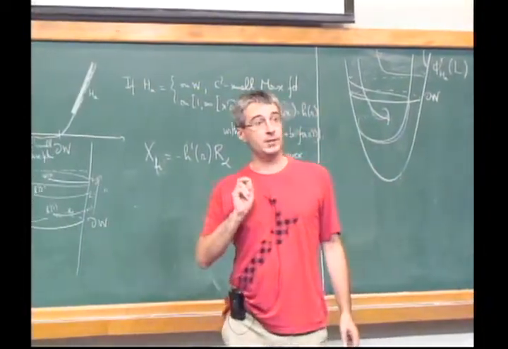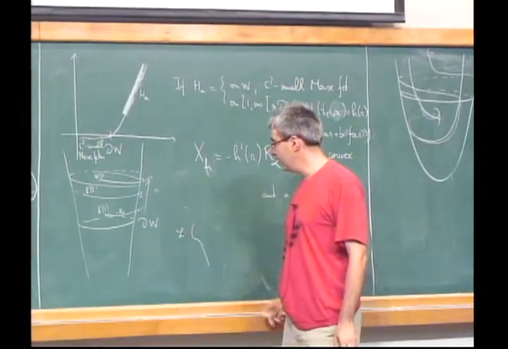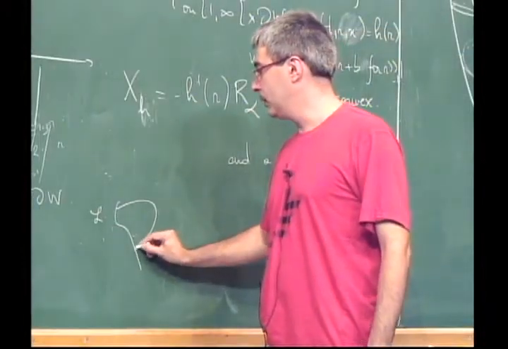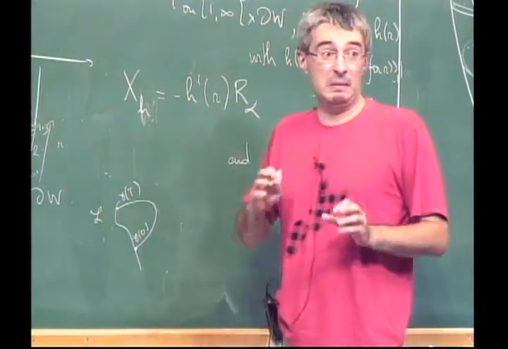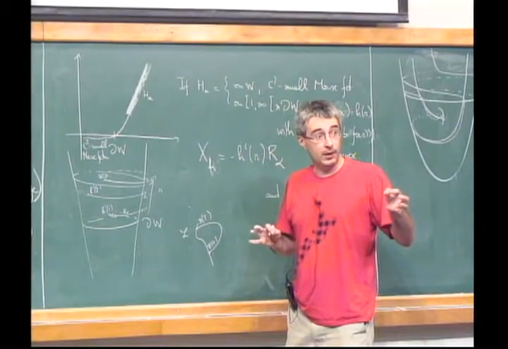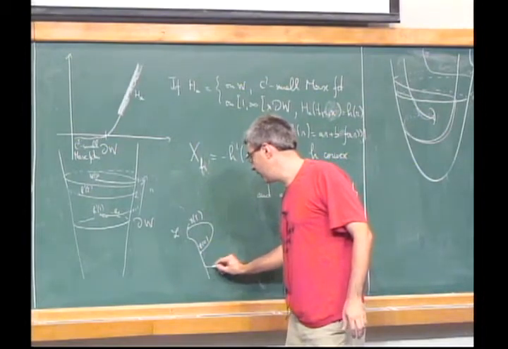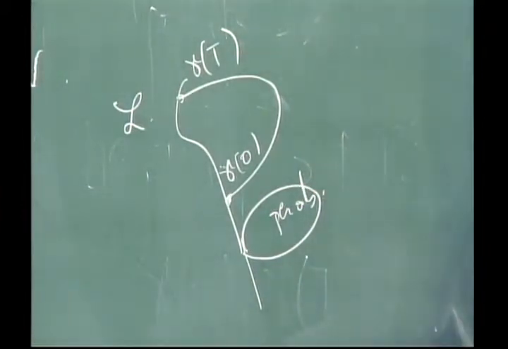If the contact form is generic, what kind of Reeb chords could you have? This is the Lagrangian L. You could have Reeb chords which come back on the Lagrangian at some different point than the one they started with. But if by bad luck there's a periodic orbit which intersects the Lagrangian, that is going to give rise to infinitely many generators. But for a generic choice of the contact form, periodic orbits are not going to intersect the Lagrangian.